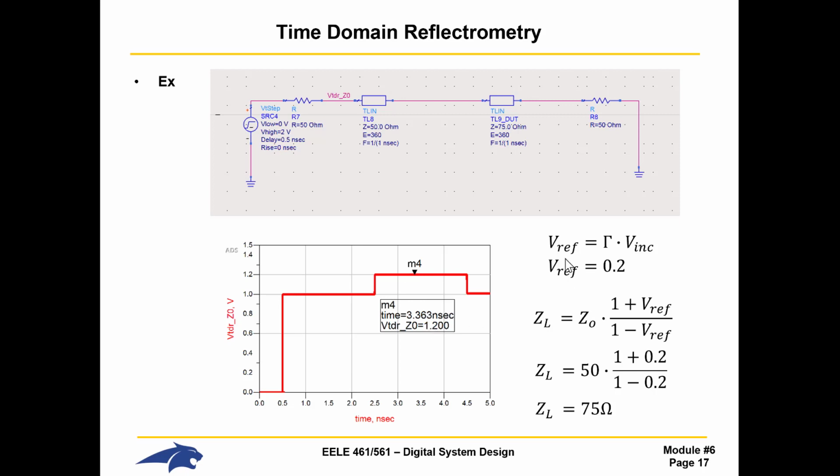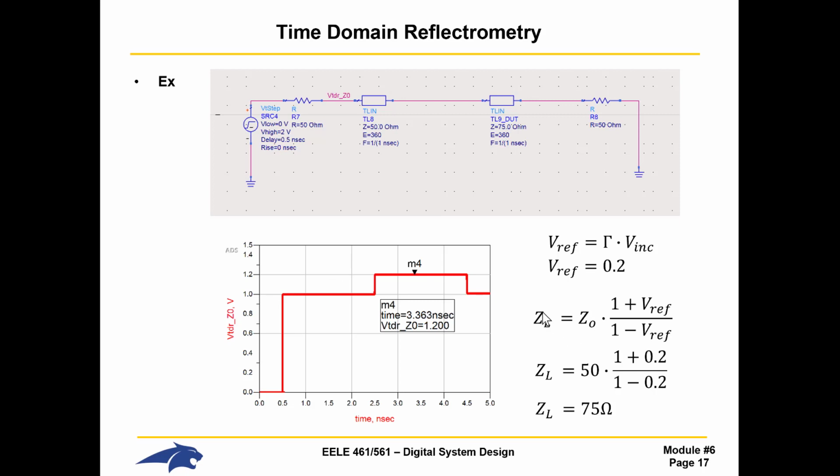So if I use this number, what I can do is I look at my V reflected. It's gamma times V incident. V incident is 1, so it drops out, and we don't even need to really care too much because we just measured V reflected directly. But you have to remember that you don't plug in 1.2 for V reflected. The reflected voltage in this particular waveform is 0.2 because that was 0.2 returned and was superimposed on what was there.